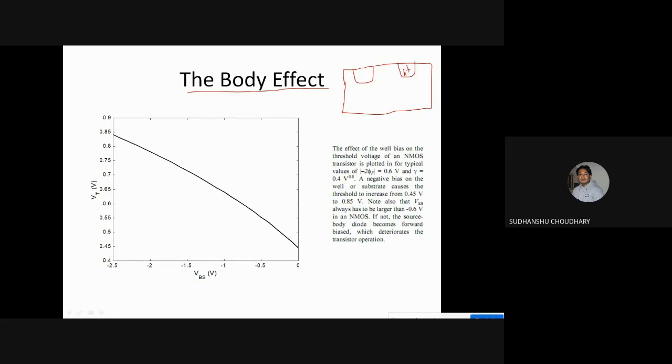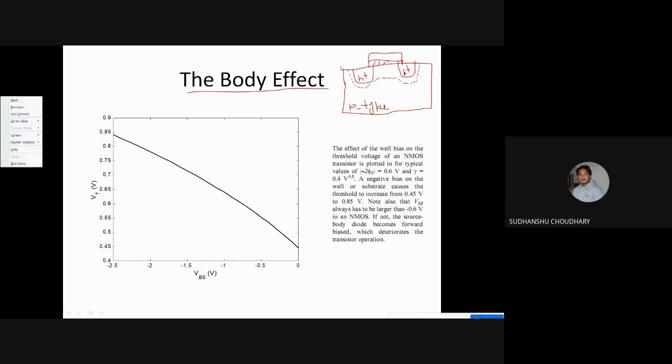So for example, let us say this is my N channel MOSFET, and we had depletion regions around the source and drain junctions.